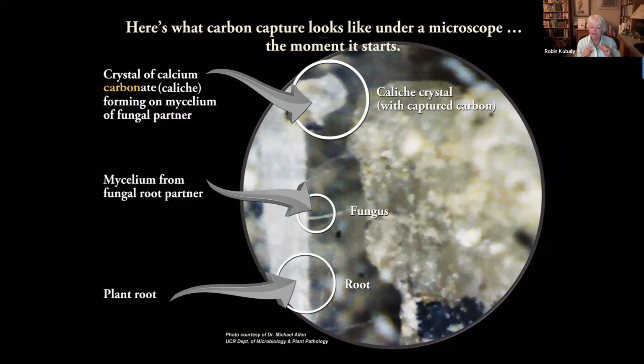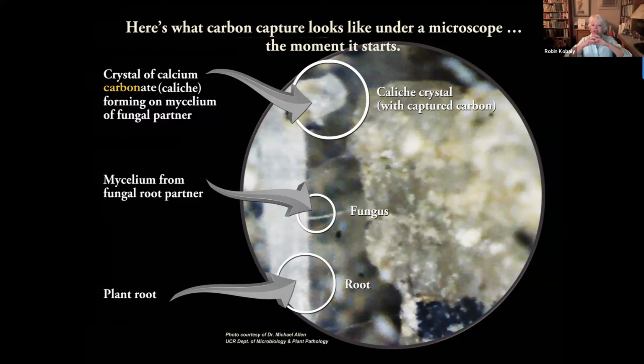Coming out of that plant root in the middle, you see the fungus. It's actually going into it there. And the top little circle insert is where a fungus has gone into the root. They both have been breathing out carbon dioxide, and that is the start of a crystal of calcium carbonate. That's exactly where the whole thing starts.